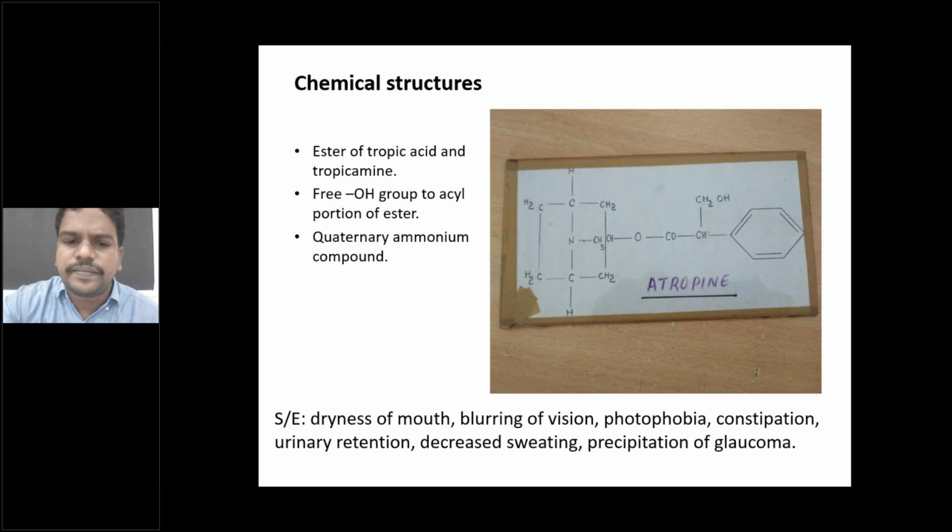Dryness of mouth, blurring of vision, photophobia, constipation, urinary retention, decreased sweating, precipitation of glaucoma. These are all the adverse effects of atropine. In your exam, you need to write 2 or 3 points of adverse effects of atropine.